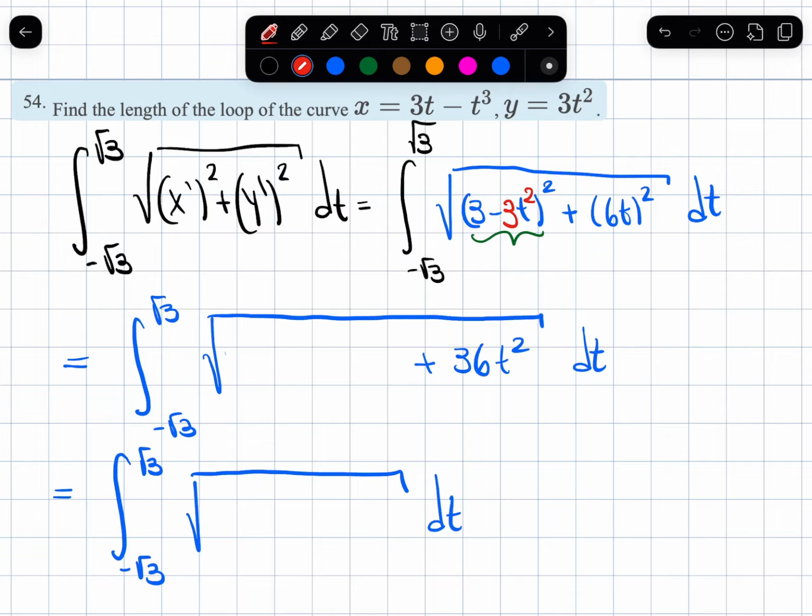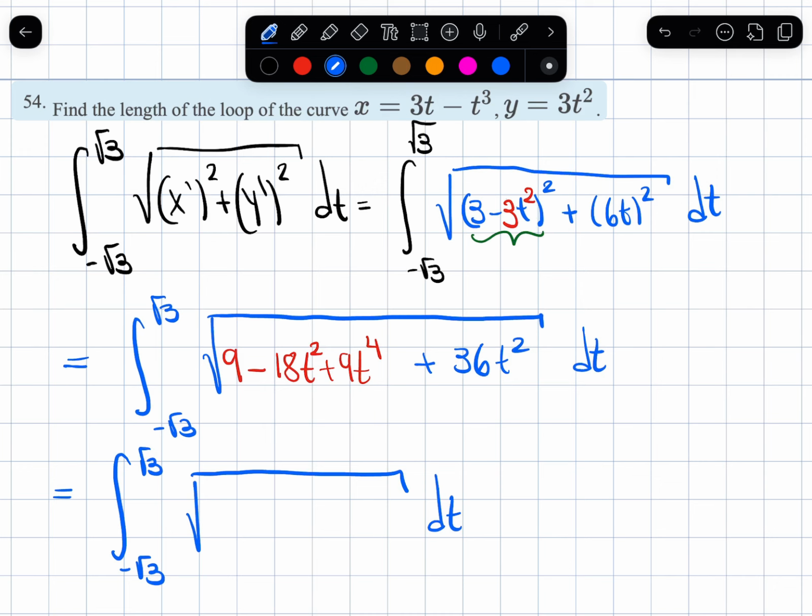Okay, that looks fine now. So this is 9 minus 18t squared plus 9t to the power 4. Does that look okay now? Okay, looks fine to me.